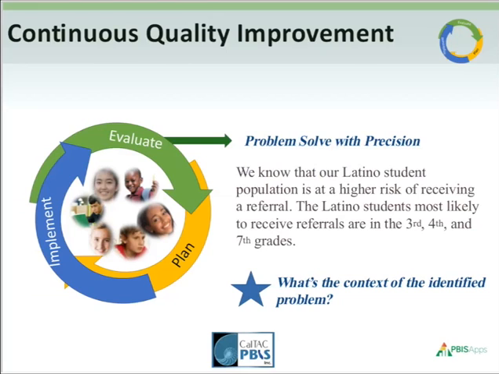So we know that our Latino student population is at a higher risk for receiving a referral. And the Latino students most likely to receive referrals were in 3rd, 4th, and 7th grades. So we really needed to divide the context for that. And the question I say is, how do we figure out the why? That's part of the referral process when you're working with a PBIS school. The underlying principles for PBIS are behavioral science.